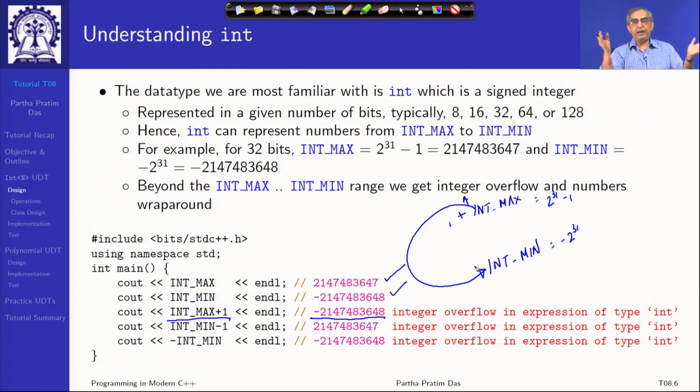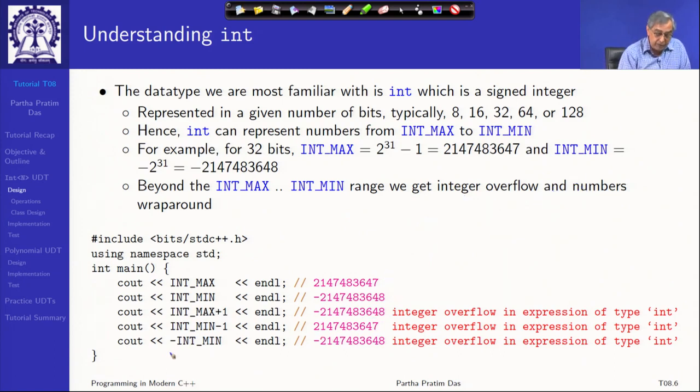No matter how many bits you have, you will always have this property. Similarly, if you subtract 1 from int min, the minimum negative number, it will wrap around in the opposite way and give you the maximum positive number. And very interestingly, if you try to take the negative of int min, you will get int min itself.